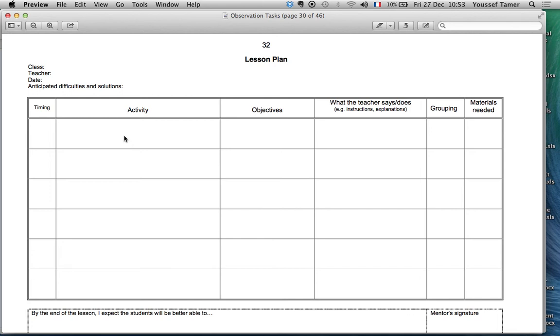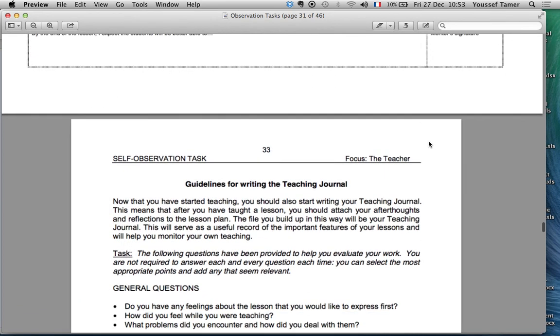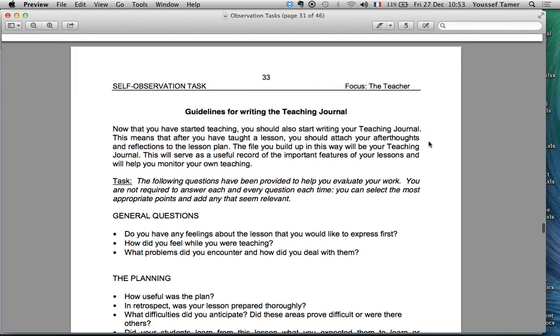For example, for the first activity, how much time did he spend on it? And the objectives, etc. So you are providing a report on the teacher's actual performance, what happened.